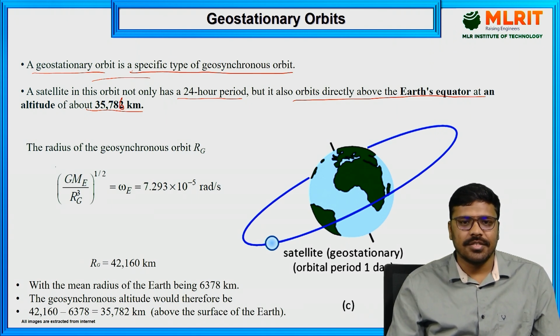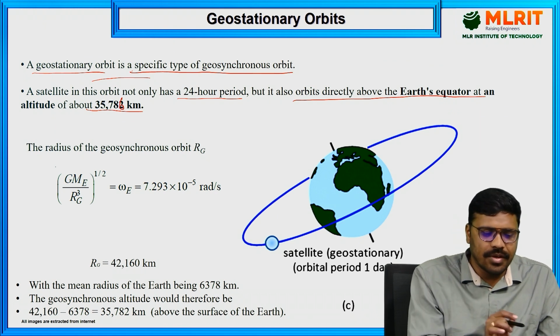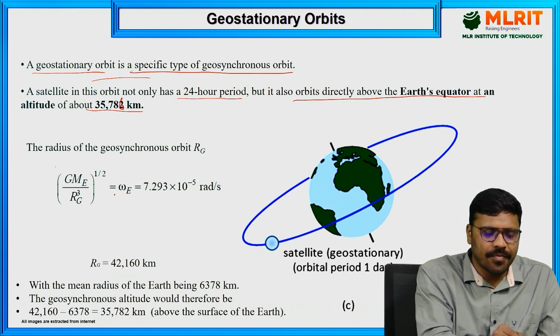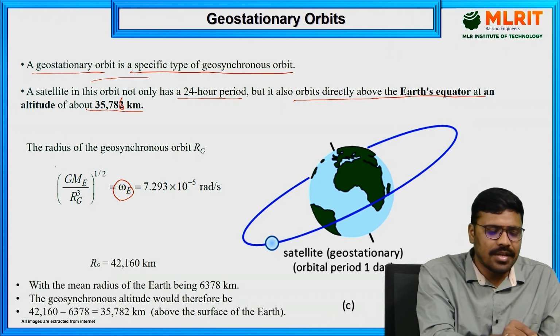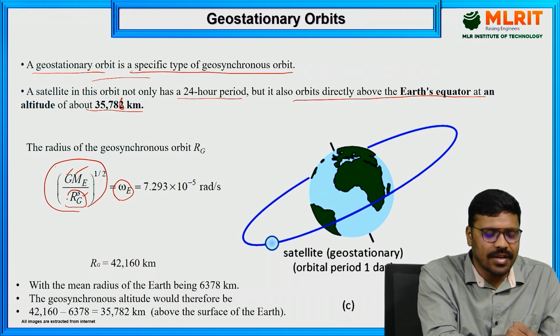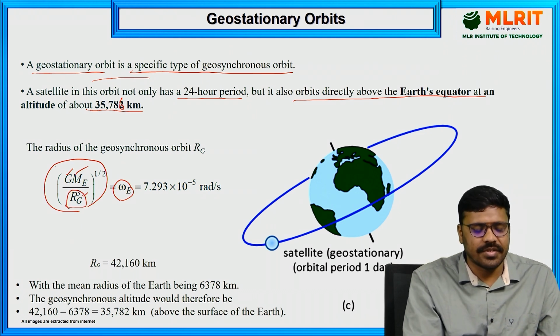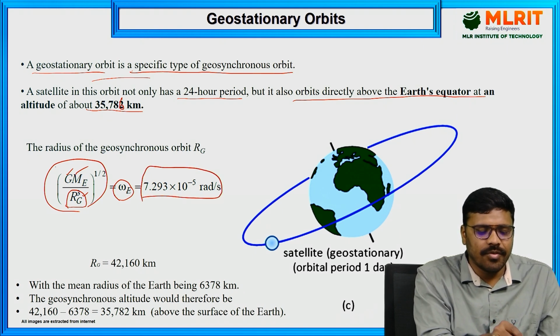Next, we have to calculate the radius of the geosynchronous orbit. We know the formula V is equal to R omega. Omega we know, right? The formula of omega is under root G Me by R cube, and this R is RG, the radius of the geosynchronous orbit, and we calculated the angular velocity of the earth. If you substitute omega E here, we will get the value of RG.